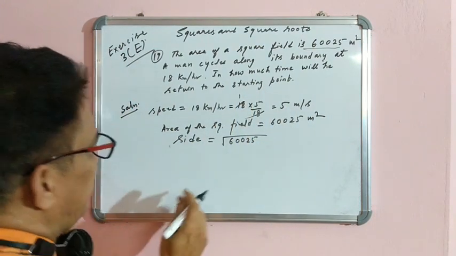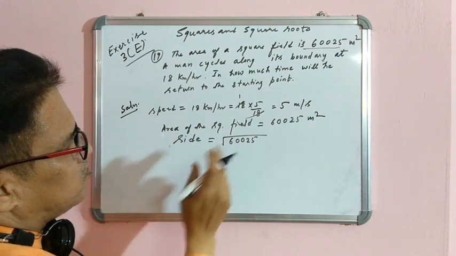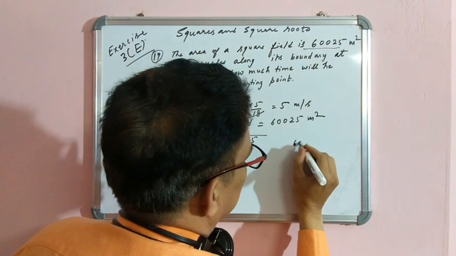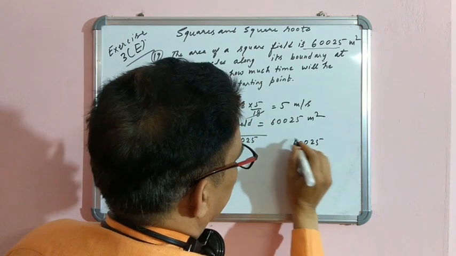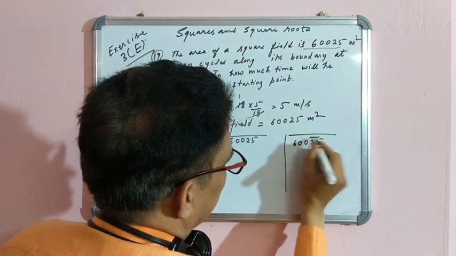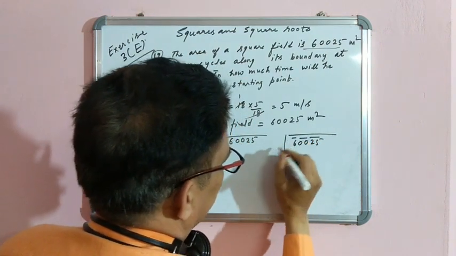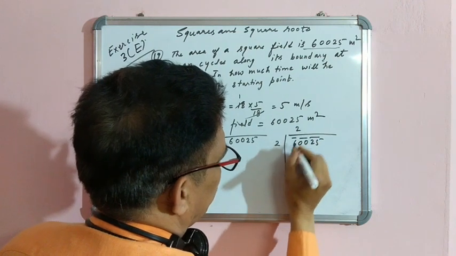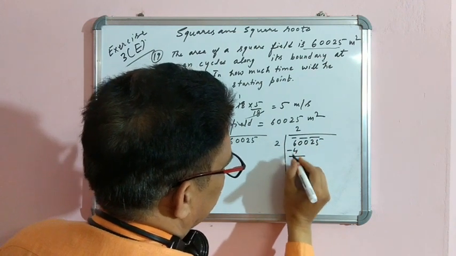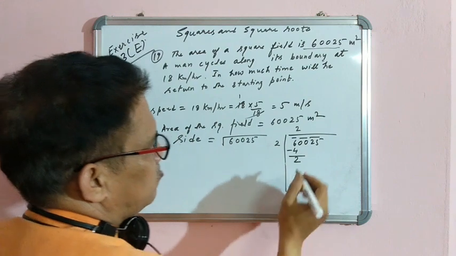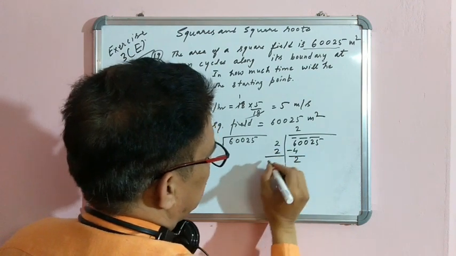So here we will find the square root of 60025, then we will get the side of the square. 6 minus 4, that is 2. Now 2 plus 2, that is 4.